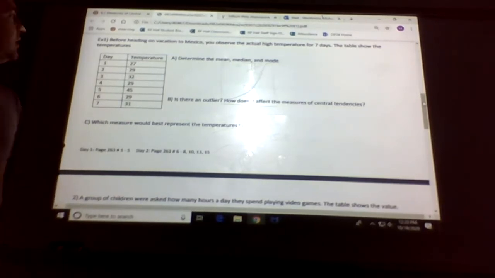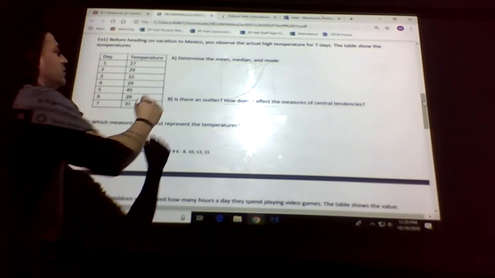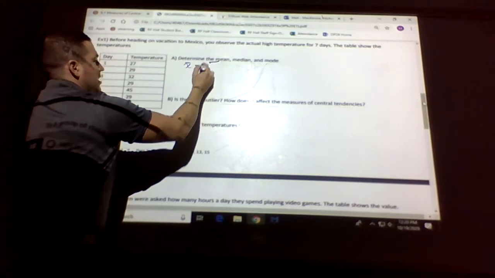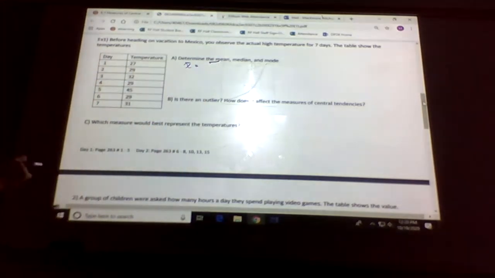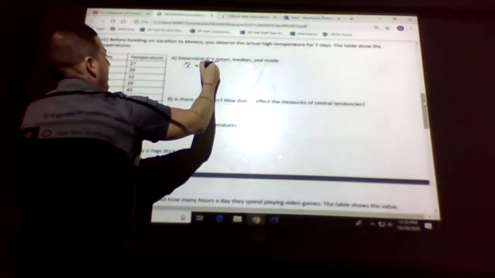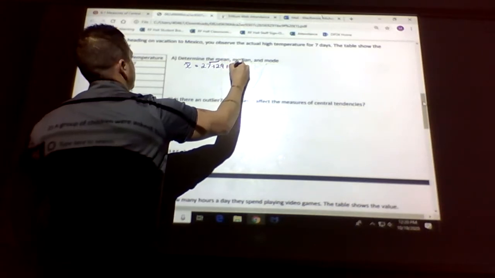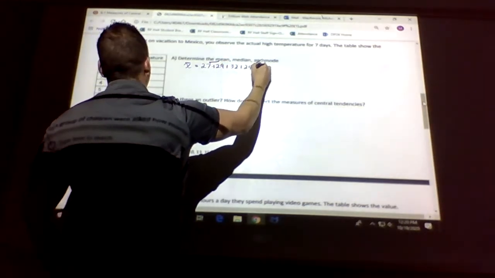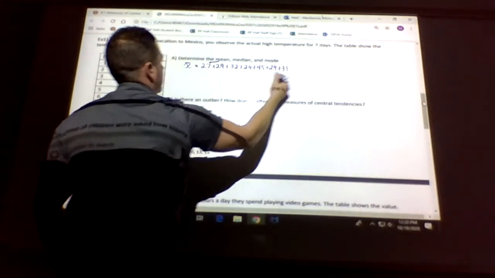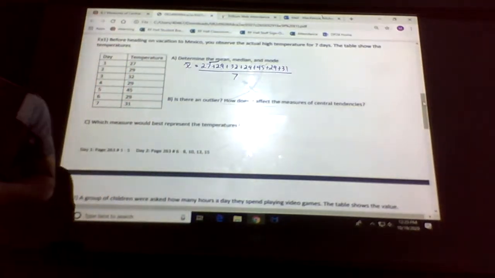So we have a sample size, so we have a sample. We're doing our mean first. X bar represents the symbol for mean, for sample. We're going to add up all these values and divide by how many there are. So 27 plus 29 plus 32 plus 29 plus 45 plus 29 plus 31, divided by the 7 entries that we have.